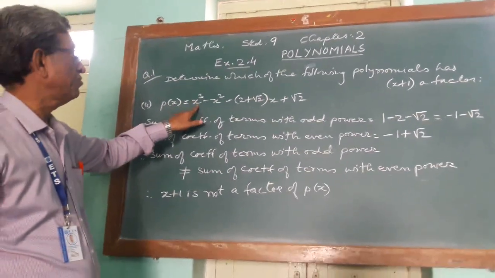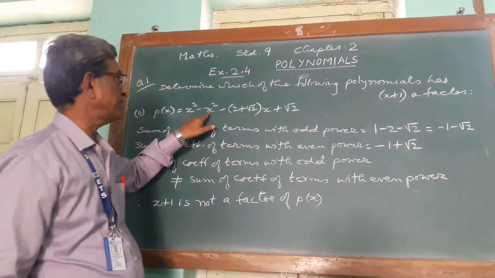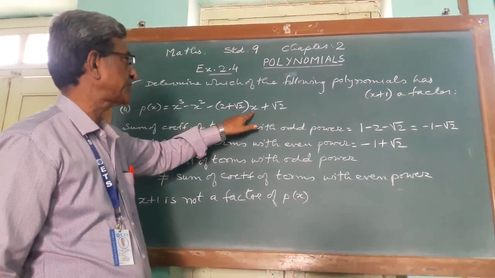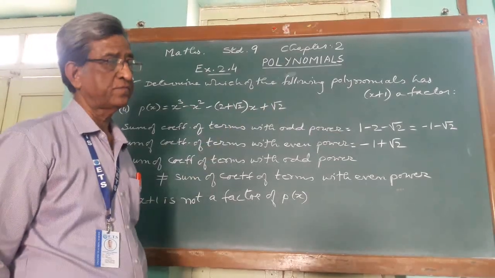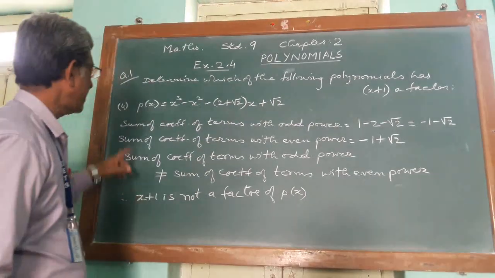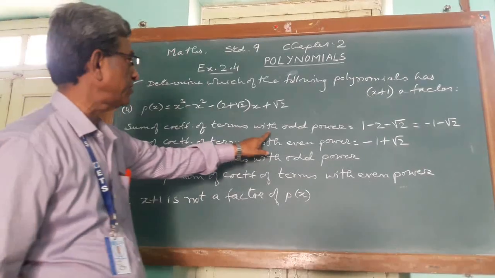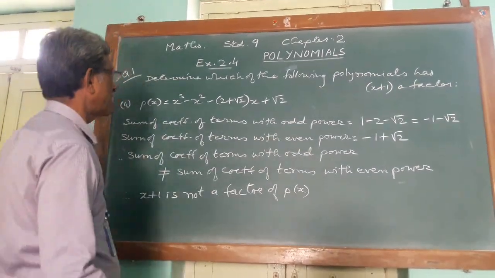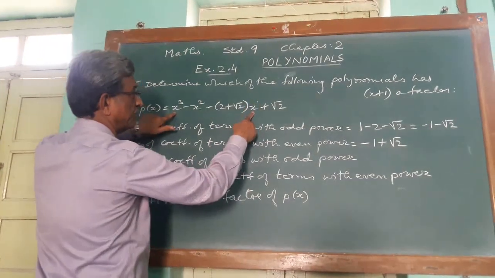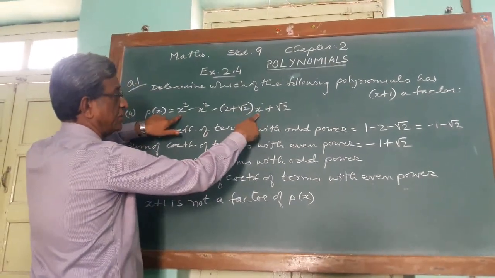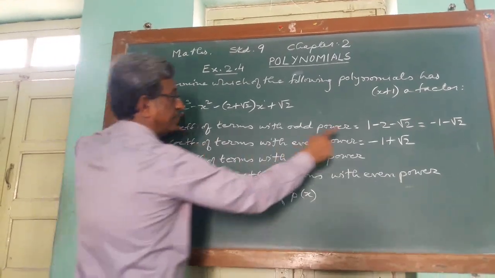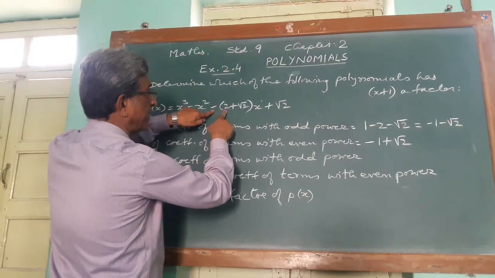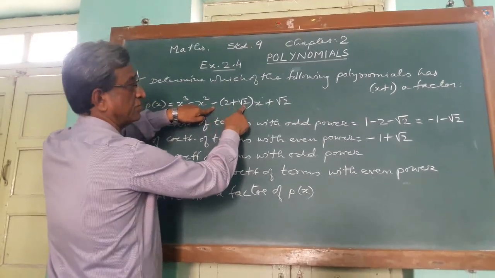p(x) equals x cube minus x square minus (2 plus root 2) x plus root 2. Same method. Find the sum of coefficients of the terms with odd power. So these are odd: x cube and x raised to 1. The coefficient of x cube is 1 and the coefficient of x is minus into bracket 2 plus root 2.